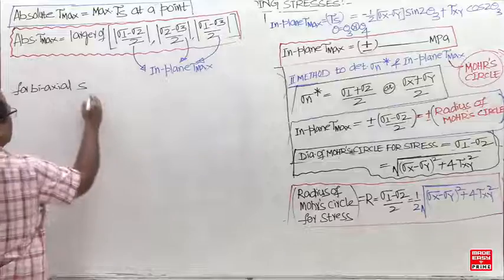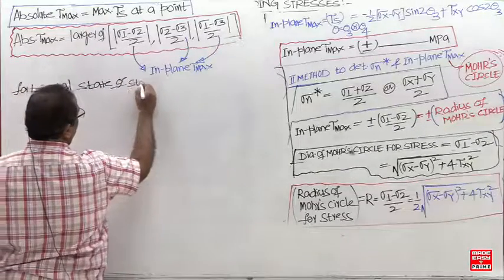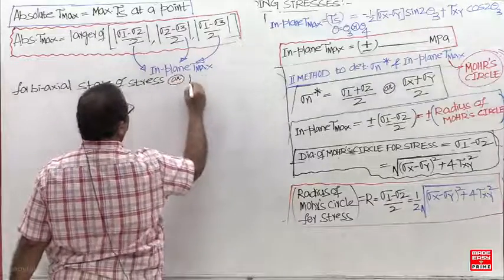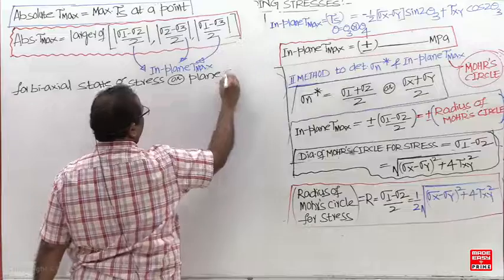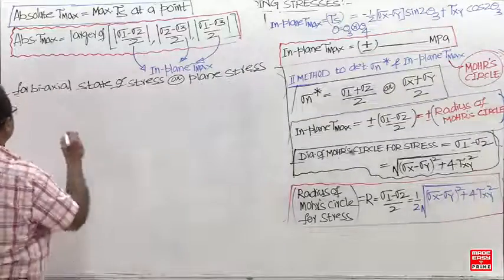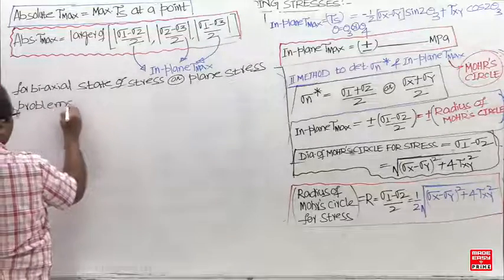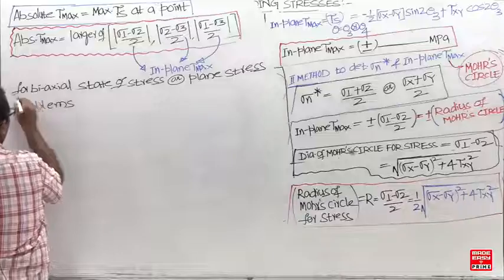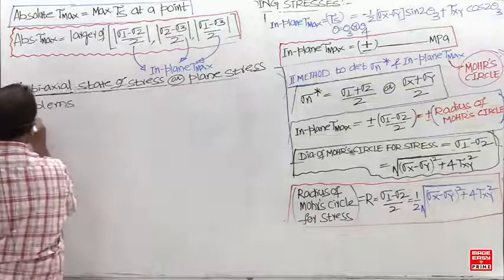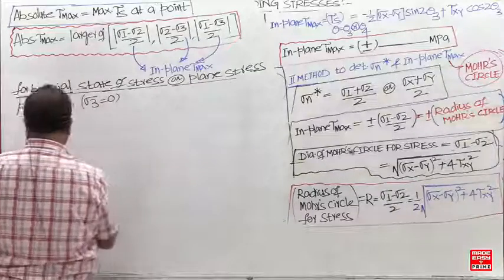Most students are going to get it wrong. For the biaxial state of stress or plane stress problems, sigma 3 is 0.